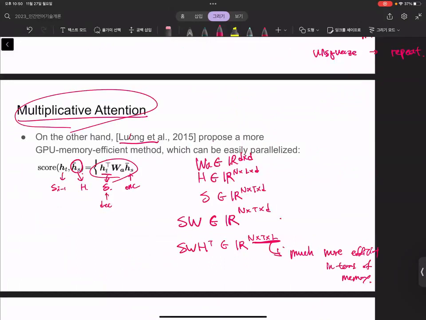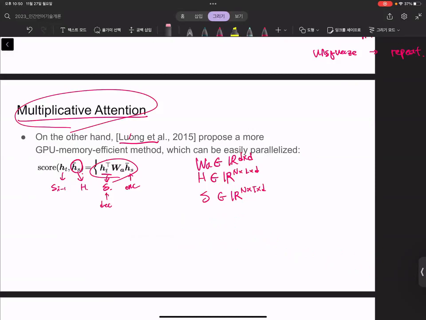Sorry for the confusion. Actually, this is a very, very confusing thing. So the conclusion remains the same. Multiplicative attention is much more efficient in terms of memory.